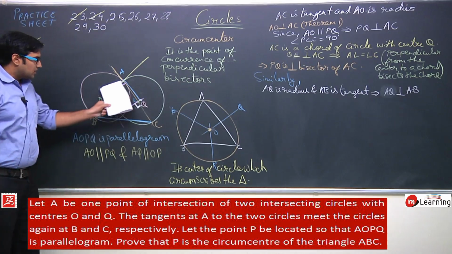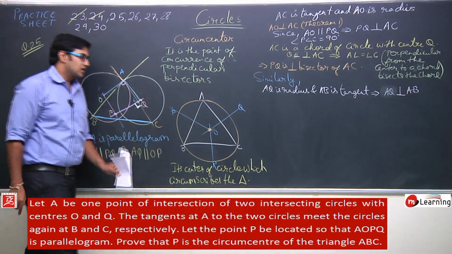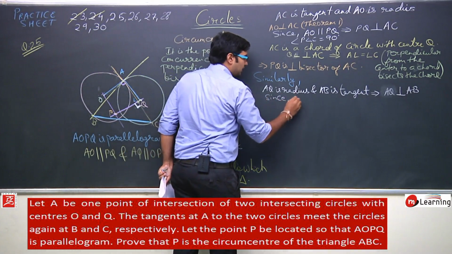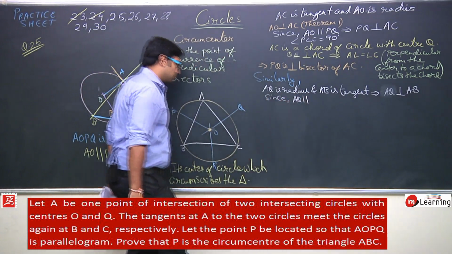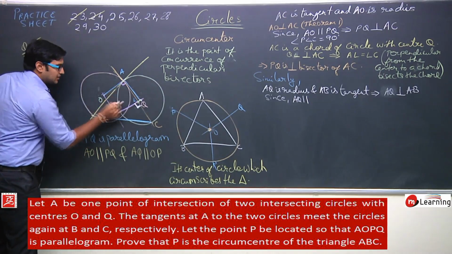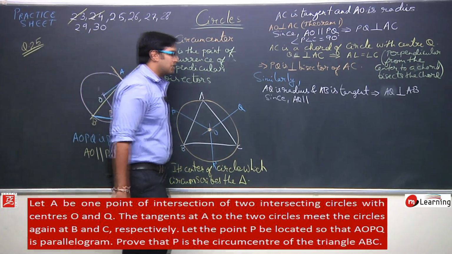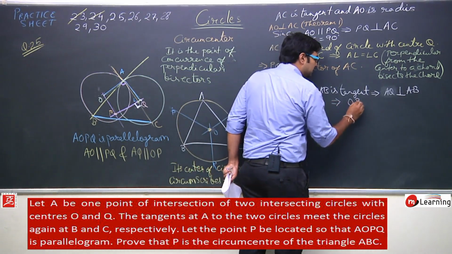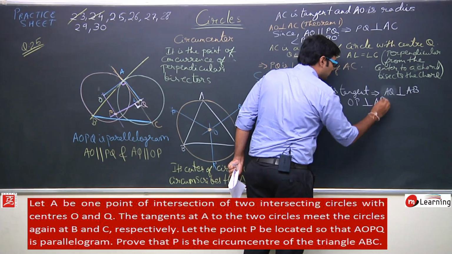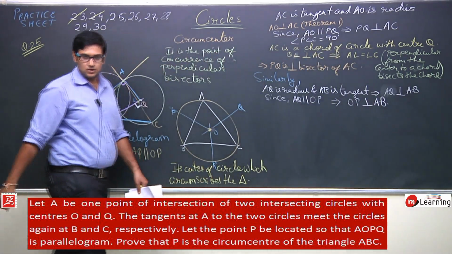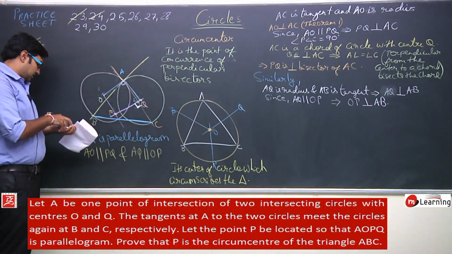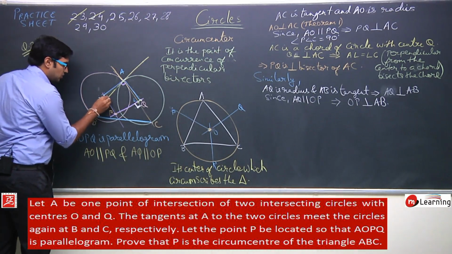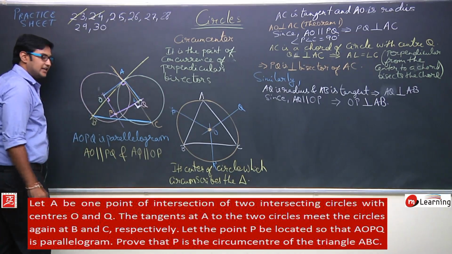Now if you observe this condition, AQ is parallel to which line? This OP line. So since AQ is parallel to OP, I can say that OP is also perpendicular to AB. This means this angle is 90 degrees.